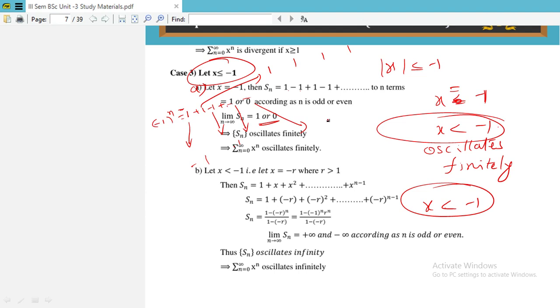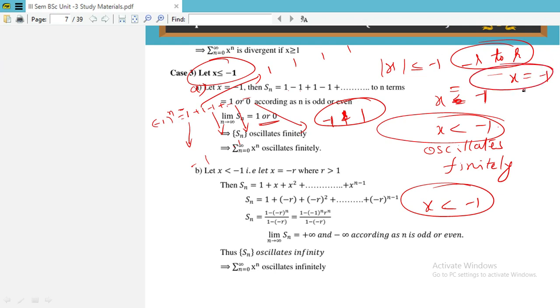This value is oscillating between minus 1 and 1. Minus 1 and 1 are finite numbers, oscillating between minus L and plus L. Therefore, in the case x equal to minus 1, this is a finitely oscillatory series.